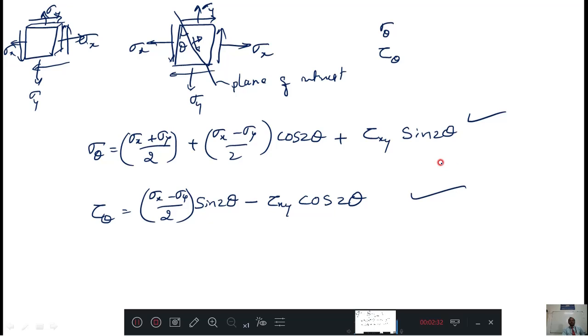Then what these two equations indicate, you should be very clear about the meaning of these two parameters, sigma theta and tau theta. They are stresses on the plane of interest.